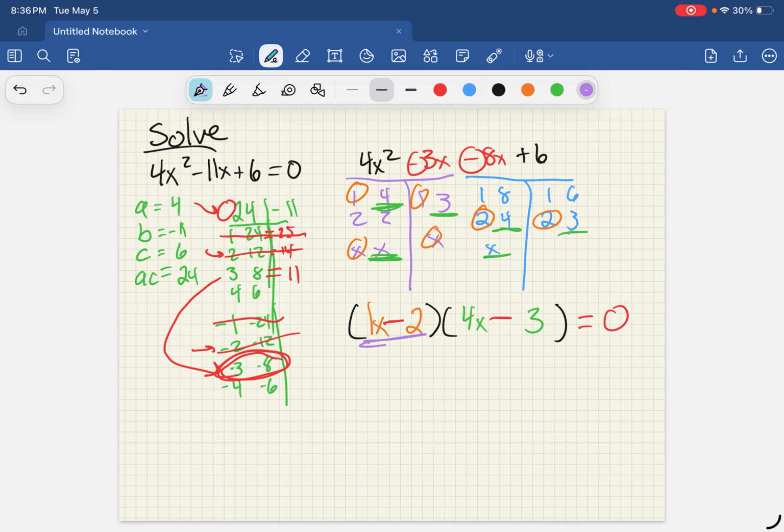Anyway, then I have two pieces multiplied together. Their product is 0. I can solve with ZPP. I should show my work.